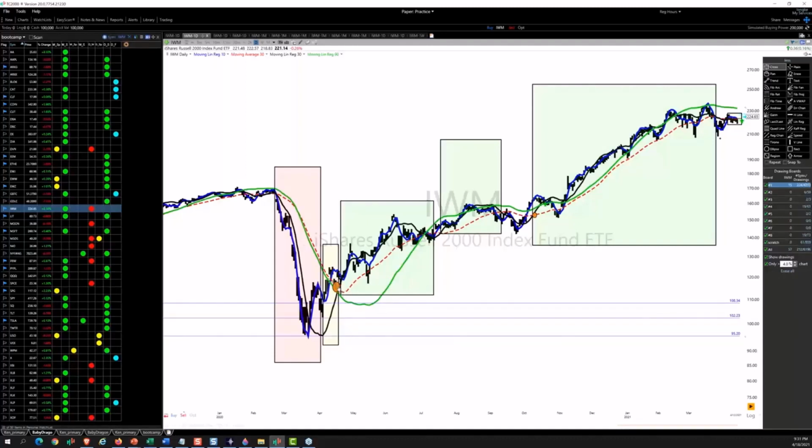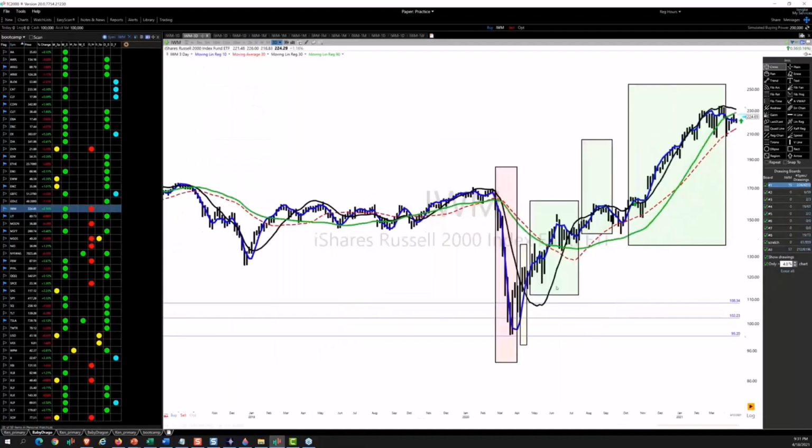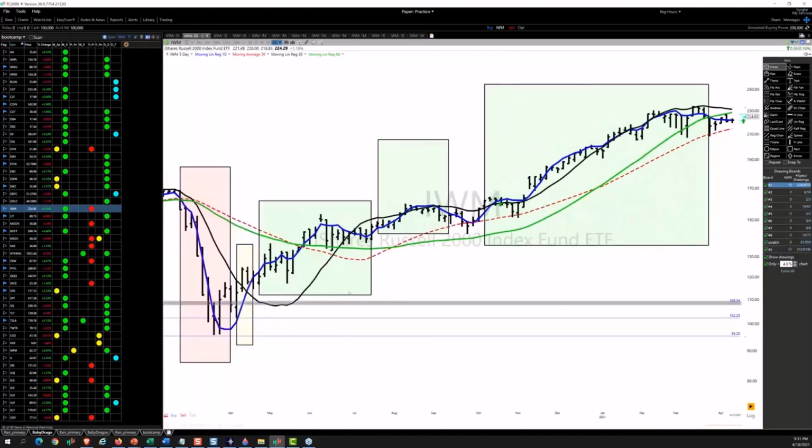Because I'm looking at a daily chart here. If I put that on a 3-day chart, this is where this would look like a 10-30 crossover. I say that, but I hope it works. And yes, it does right there.